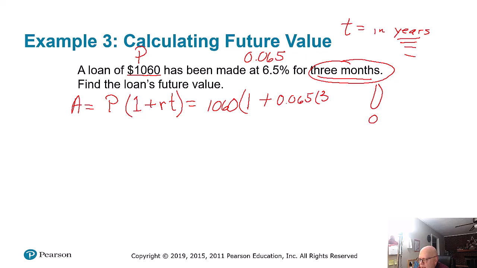So I'm going to go back here and erase this out. Erase that 3. That does not count. We need it in years. How much is it in years? 3 months is 3/12 of a year. 0.25 if you wish, or 1/4 if you wish.